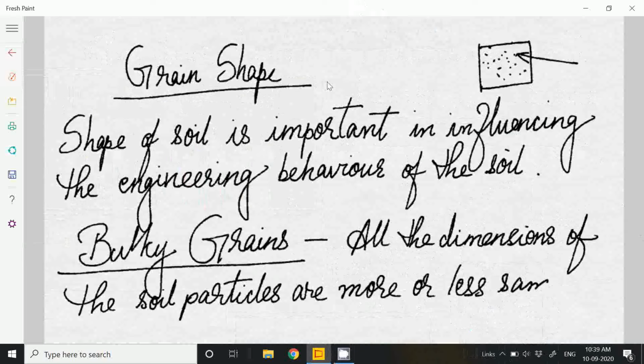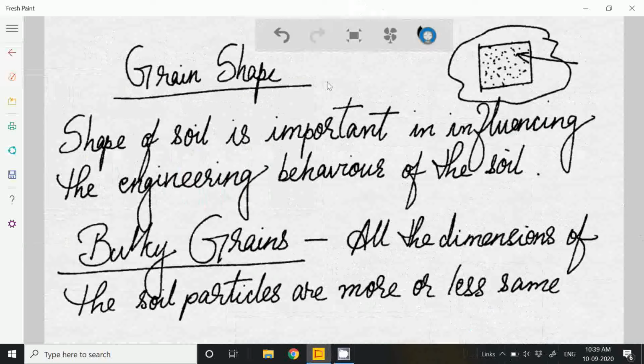That means in this soil sample, each particle has approximately the same shape. It cannot be exactly the same, but I am talking about approximately the same. So they have similar shapes.